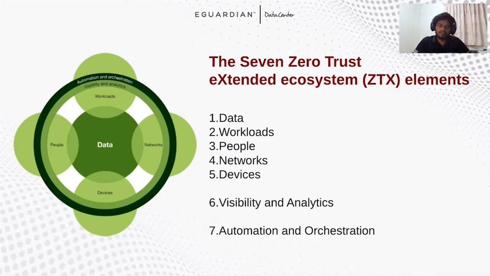Think of those five domains as where you need visibility and analytics. Lastly, you need orchestration and automation, because if you are not automating your defenses, you will not be able to keep up with attackers, who automate everything.